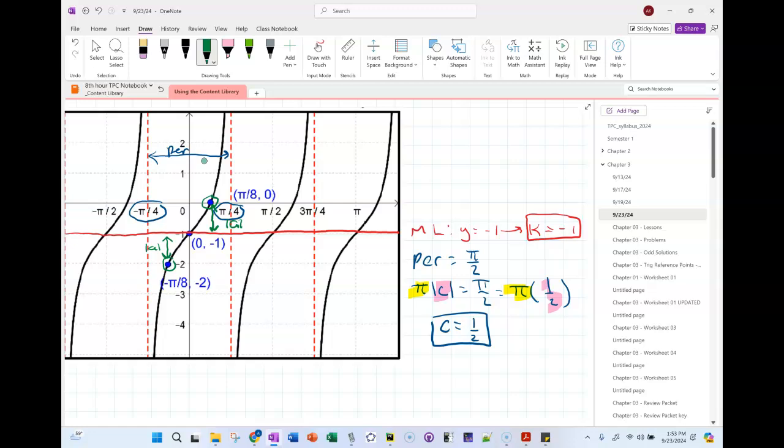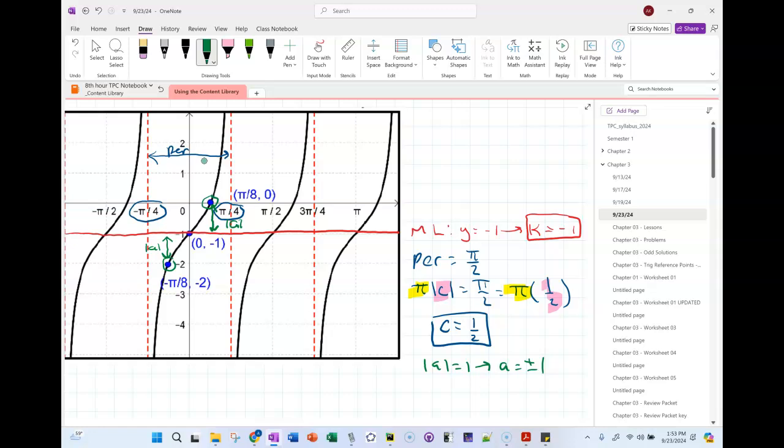1 unit. So A is going to be plus or minus 1. Everybody's good with that? Mr. Kulik, how do I know whether it's plus or minus? So I'm going to look at the shape of my graph.